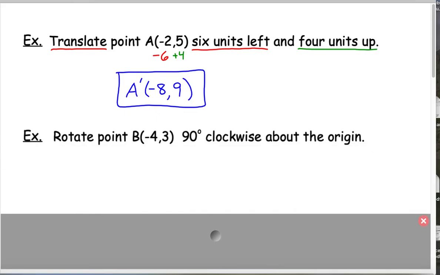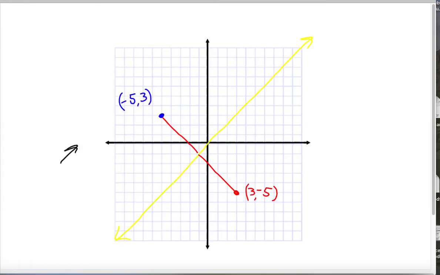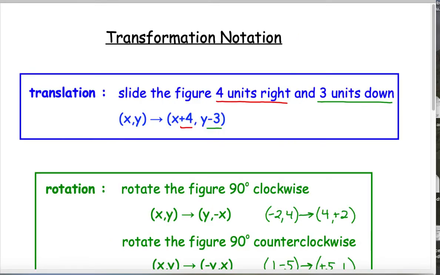Rotate the point B 90 degrees clockwise about the origin. So if you want to use a graph, you can use a graph. But if we go back and look at 90 degrees clockwise, that said you switch the order and change the sign of that x number. So let's do that.